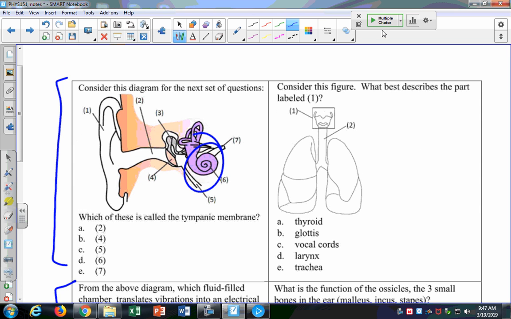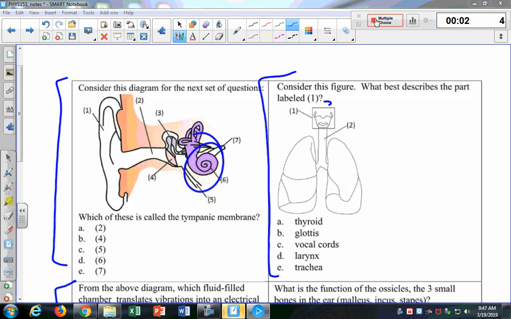All right, let's look at this. Which best describes the part labeled 1? So this part right here. There might be multiple possible answers, but what best describes that whole thing? I'm going to stop at 31.